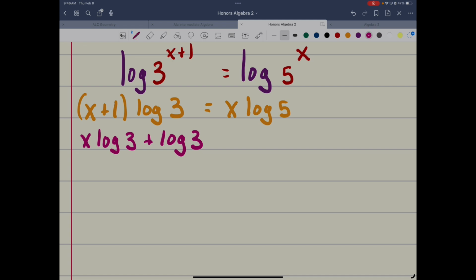I'm just taking this log of 3 and distributing it into both places. That's going to equal x times the log of 5. There's an answer in there somewhere.